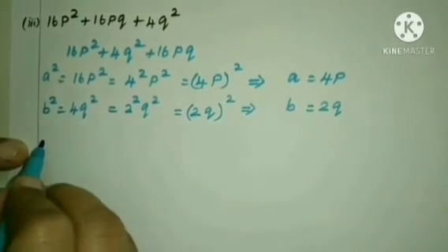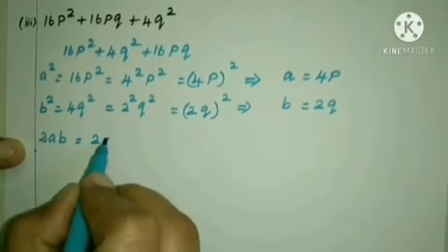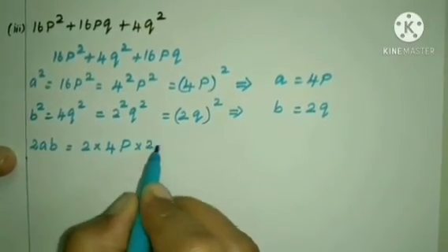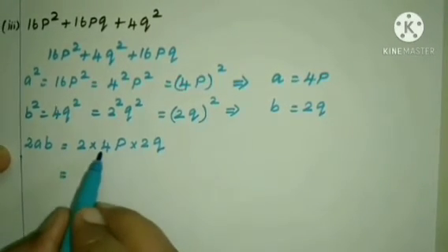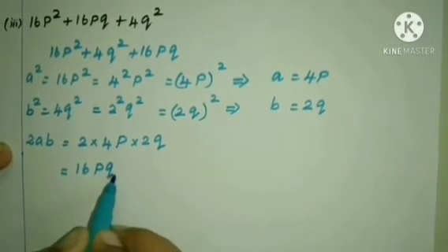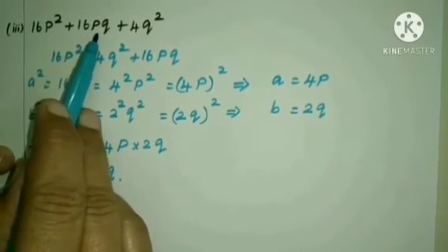Now verify the third term 2ab. 2 into, here what is the value of a? 4p into 2q, which is equal to 2 4s are 8, 8 2s are 16pq. So 2ab is 16pq.